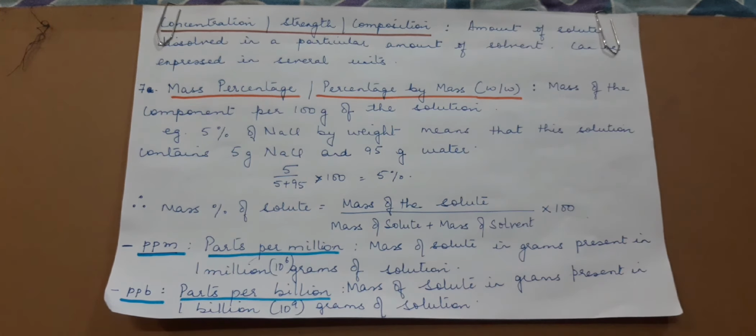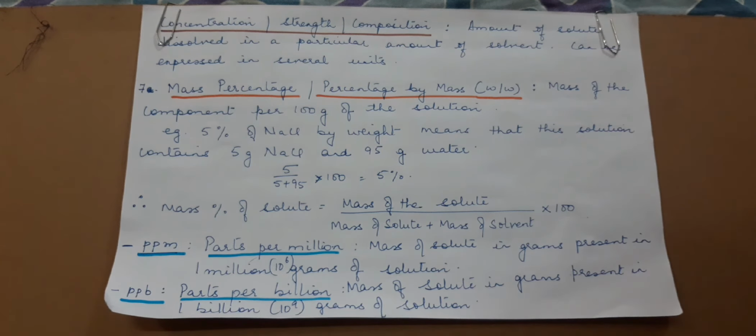Okay, so what is the concentration of a particular substance? That is the amount of solute dissolved in a particular amount of solvent. How much solute is dissolved in a solvent, that is said to be its concentration. Now that can be expressed in different units.